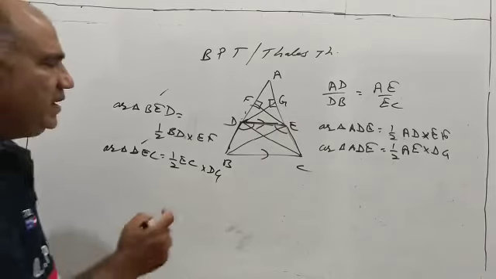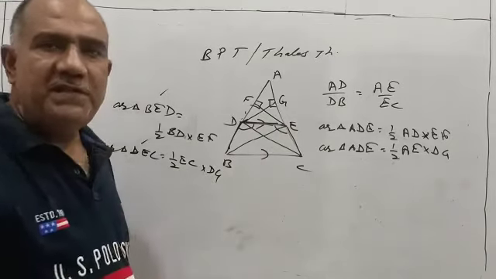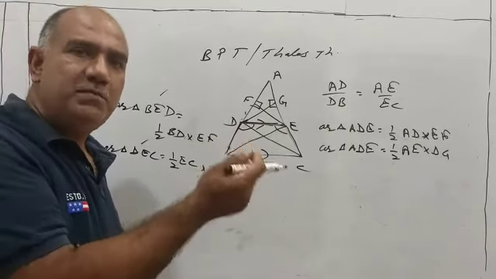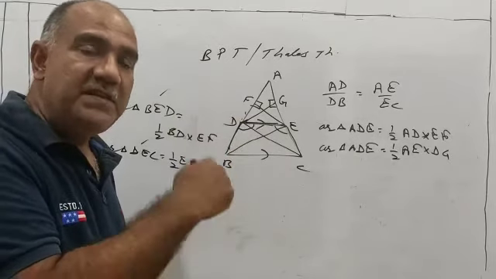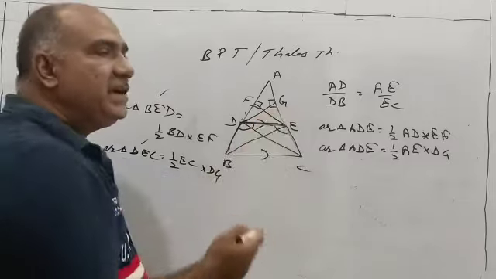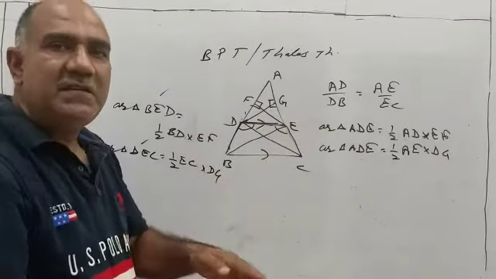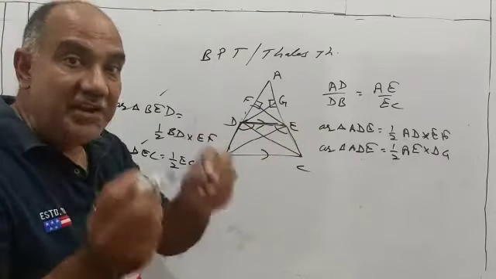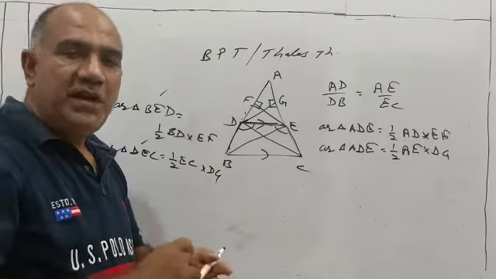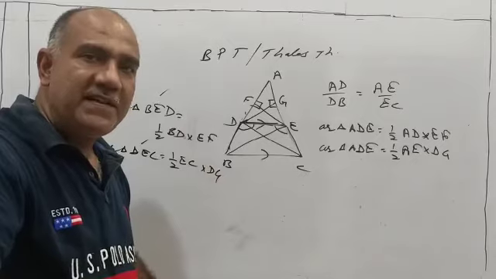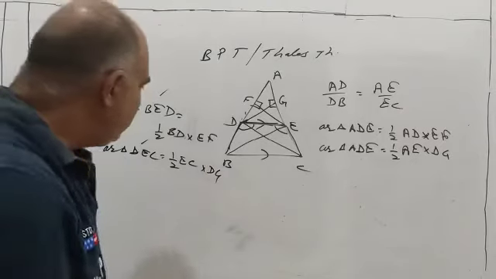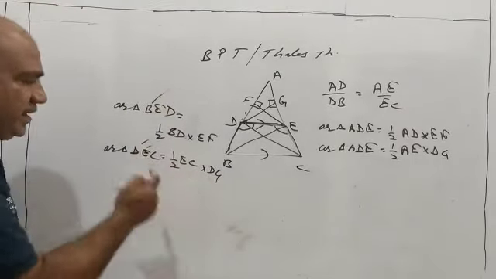And why are they equal? Because area of triangle is half into base into height. When you say that both the triangles are on the same base, that means their bases are same. And also you say they are situated between the same parallel lines, which means that their altitudes are also same. So bases are same, heights are same, so area has to be same.